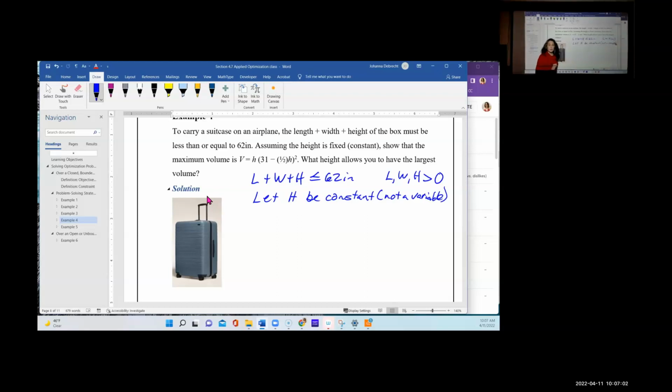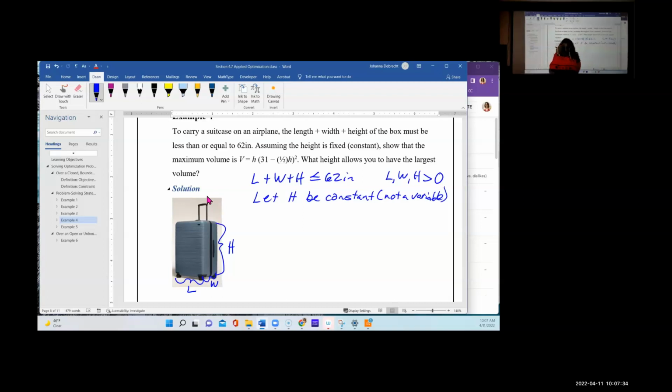So when we take the derivative, we'll have to be careful about whether we're allowing the height to change or we're not allowing the height to change. Assuming the height is fixed, show that the maximum volume is this. What height allows you to have the largest volume? Okay, so looking at the picture, I've got length on this side. I've got width on this side. And I've got height on that side right there.